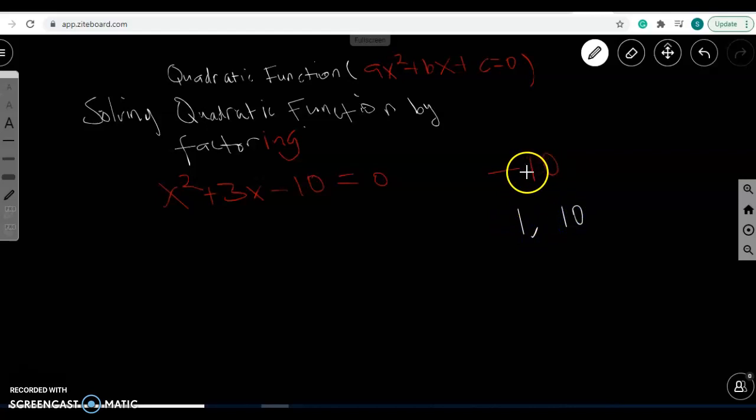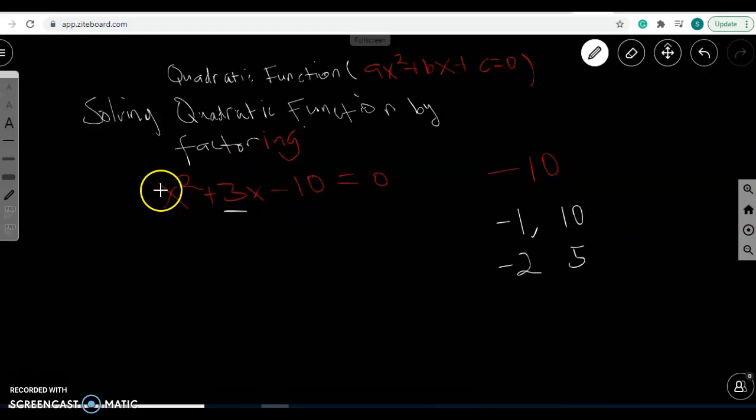Since this is -10, one of them has to be negative. Then you take 2 and 5. One of them has to be negative. You can put a negative here. And then when you add the numbers, they have to give you the 3 here, the b part of it.